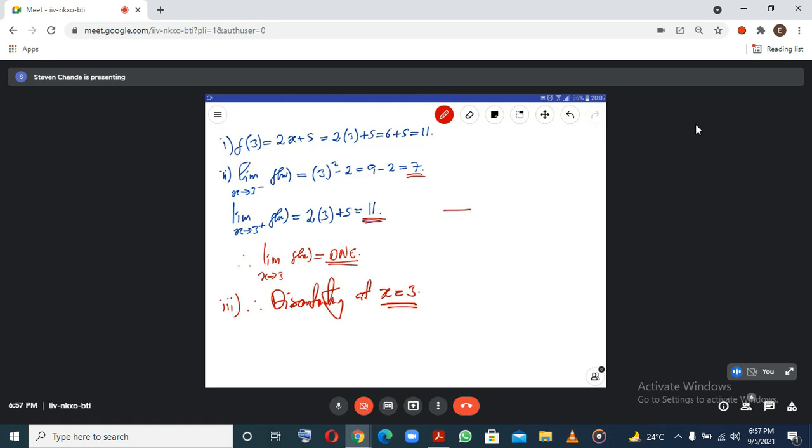Let's say our y-axis is here. When you're coming from the left, you've got 7, then coming from the right you've got 11. So you can picture it like this, here there is 11 and here there is 7, on the x-y plane. That's basically what our function is representing. So what kind of discontinuity was that? You say this was a jump discontinuity.